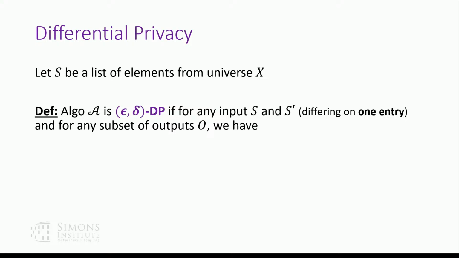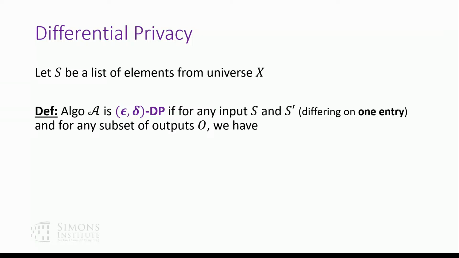It can be a table that differs on one row, or two graphs that differ by one edge or one node. It depends on your application and what you are concerned about.